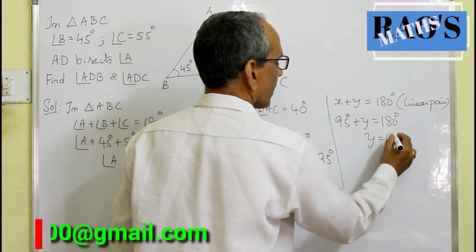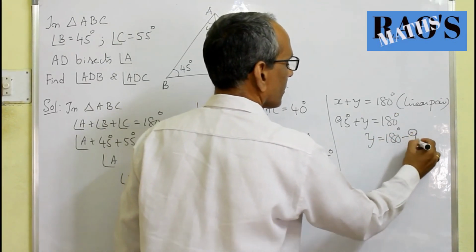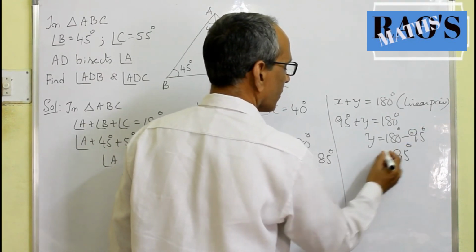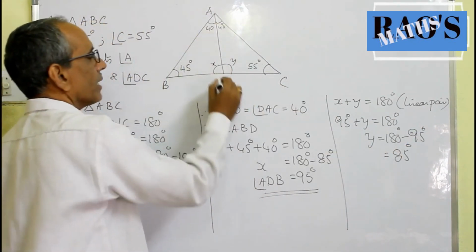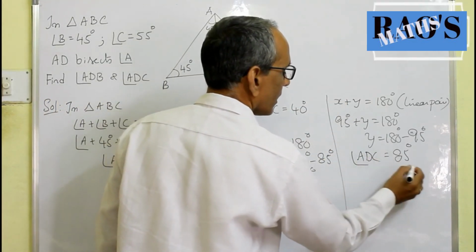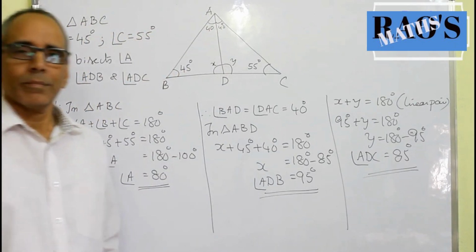Then y is equal to 180 minus 95, which gives 85 degrees. What is y in the diagram? Angle ADC. Therefore, angle ADC is 85 degrees. Very simple question.